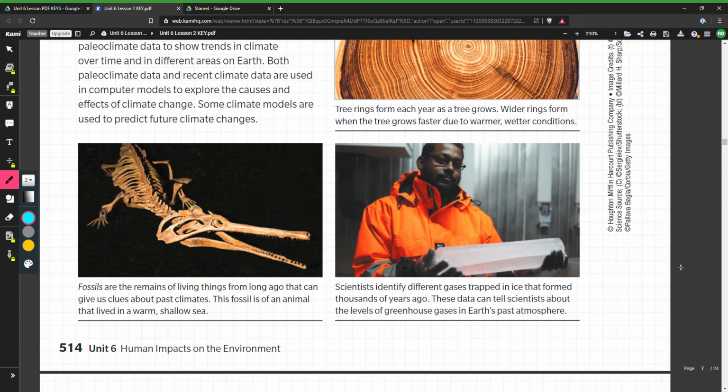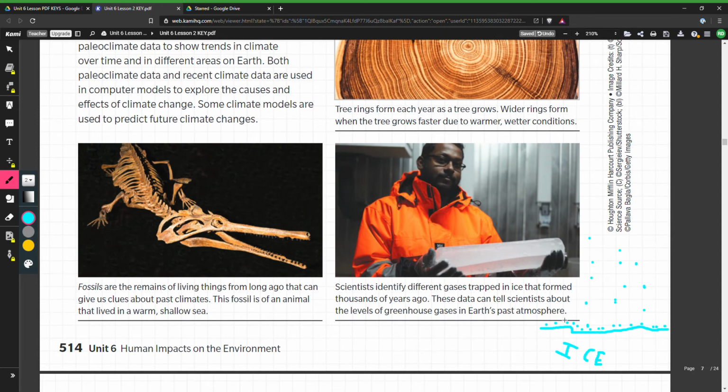So every year, when it snows, think of a surface. If you're in a place like Antarctica, you've got your surface, and this is all ice down here. And as it snows every year, you'll get a light dusting of new snow on top of the surface.